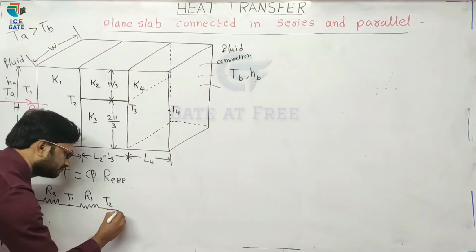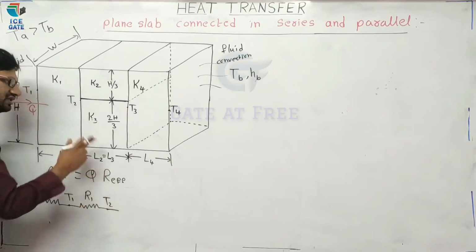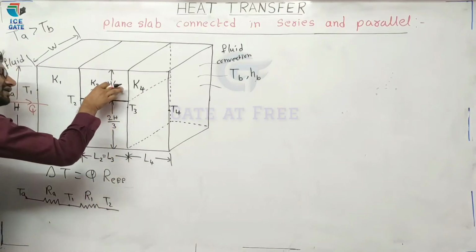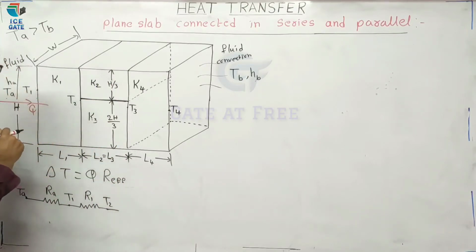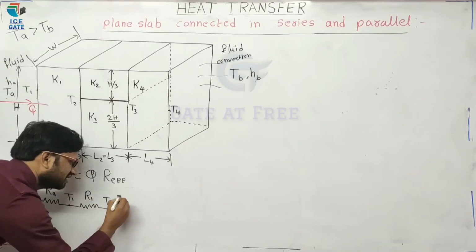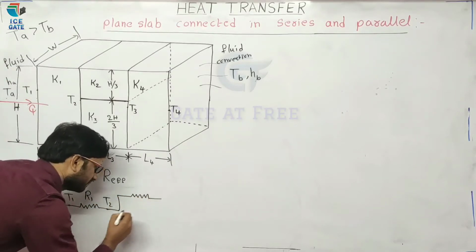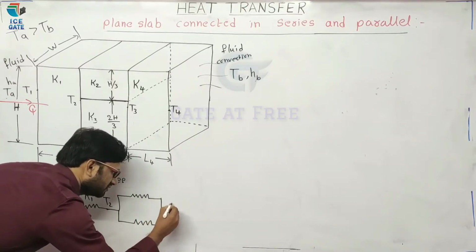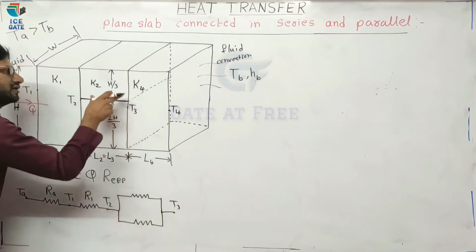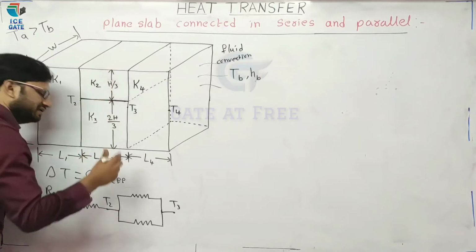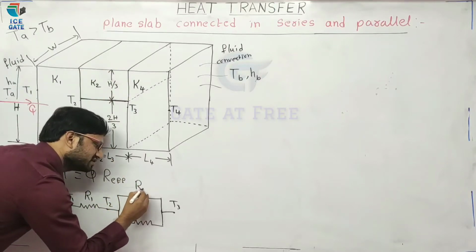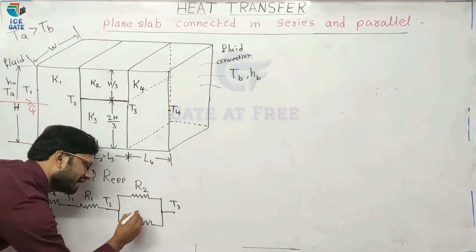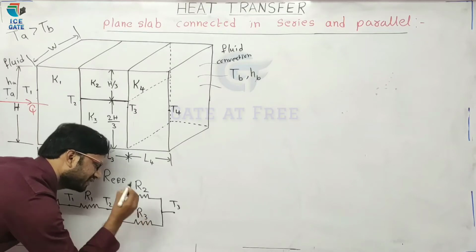Next from T2 to T3, we have two resistances. The material 2 and material 3 are connected in parallel, so the resistances occur in parallel. So this is T3. Now the resistance offered by the second material is conductive resistance and denoted with R2. And the resistance offered by material 3 is also conductive resistance, and the resistance is R3.